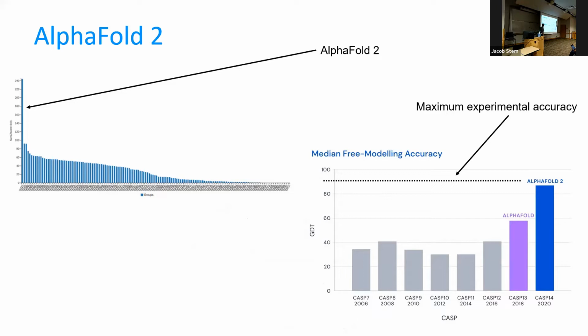So basically, AlphaFold 2, the updated model, is even better. It's covered up by the video here, but you can see that there's a metric called GDT score.